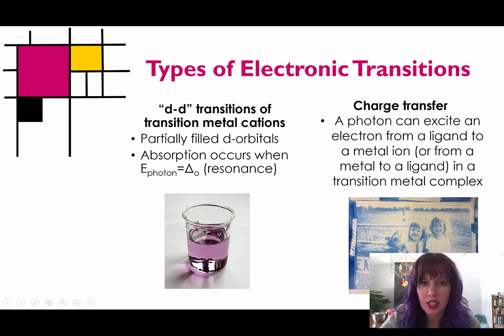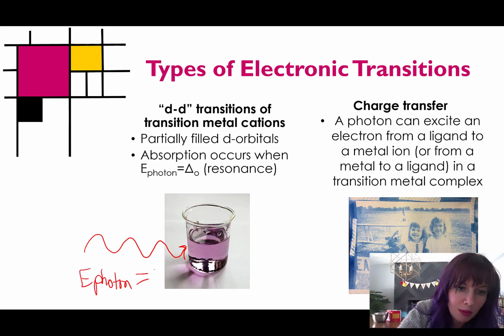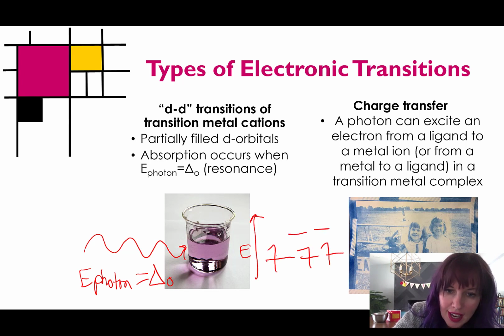A d to d transition takes place when you have partially filled d orbitals, and absorption occurs when the energy of the photon that's coming in is equal to delta octahedral, then we have the exact energy to excite from the t2g into the eg orbital.